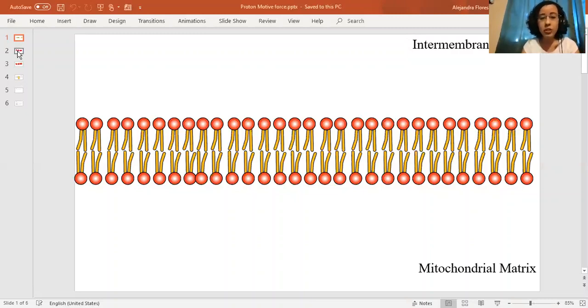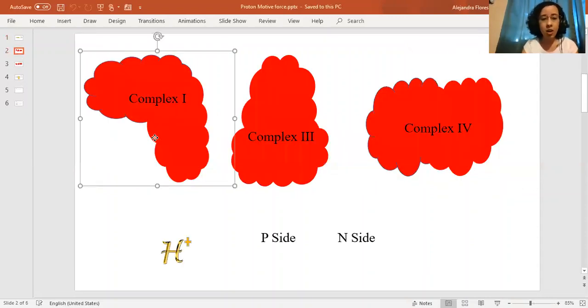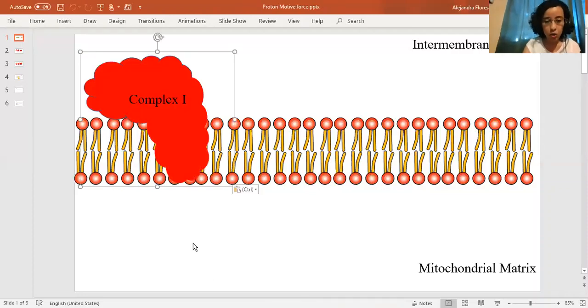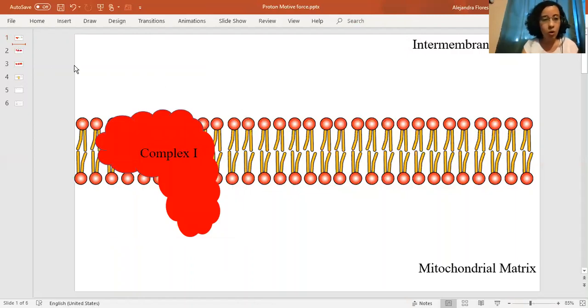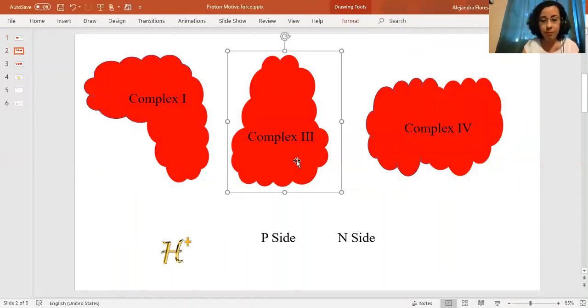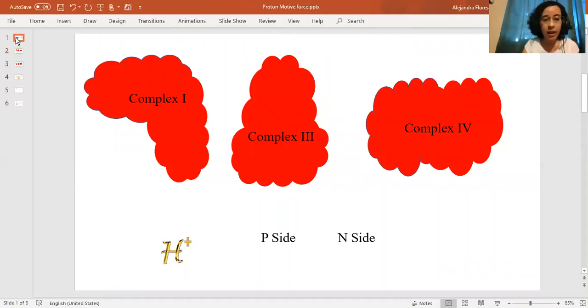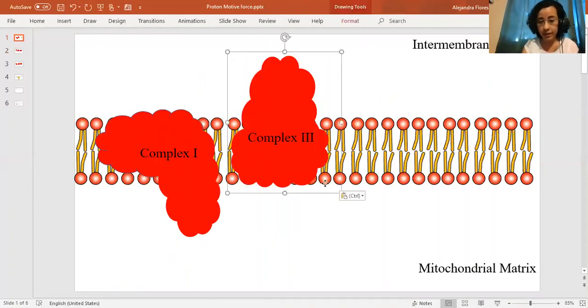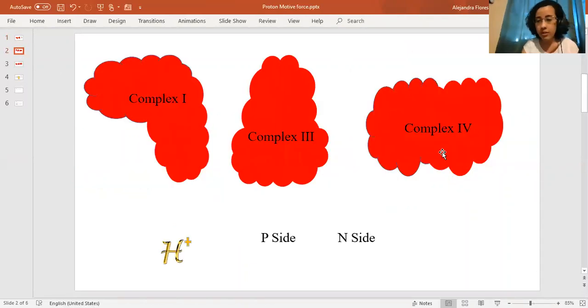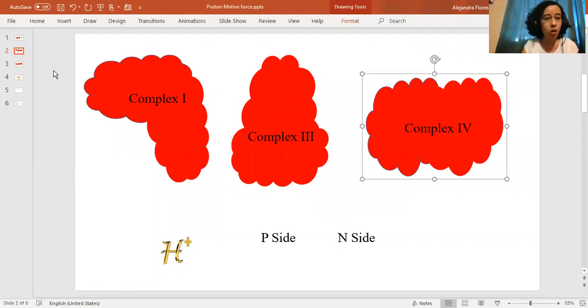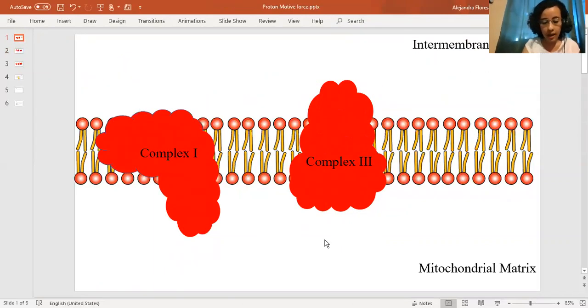The electron transport chain has different complexes that are able to pump protons into the intermembrane space. All of these complexes that I have here have the same ability. That's the reason why, if you notice, I'm missing complex number 2.